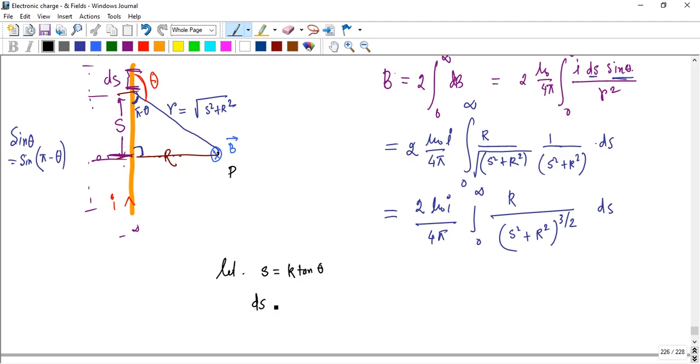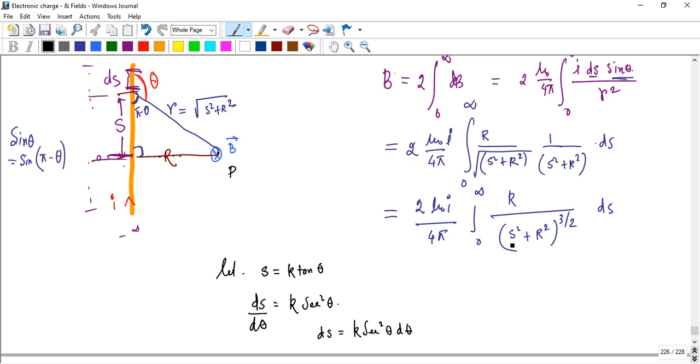Now ds is equal to the differentiation of r tan theta, ds by d theta, differentiating both sides with respect to theta. The derivative of tan theta is sec square theta. So ds equals r sec square theta d theta.